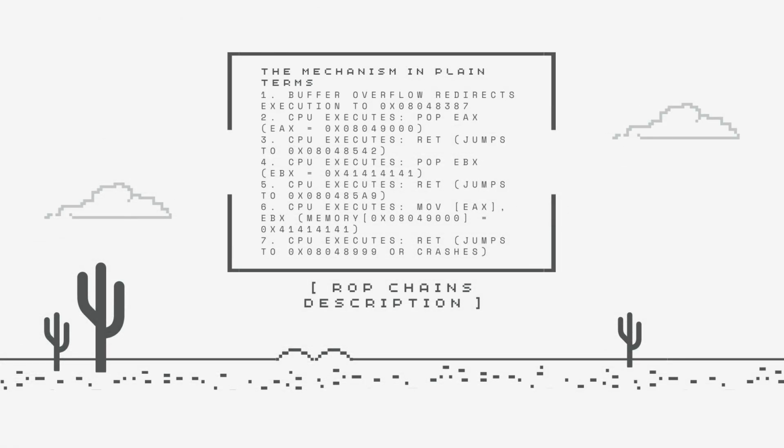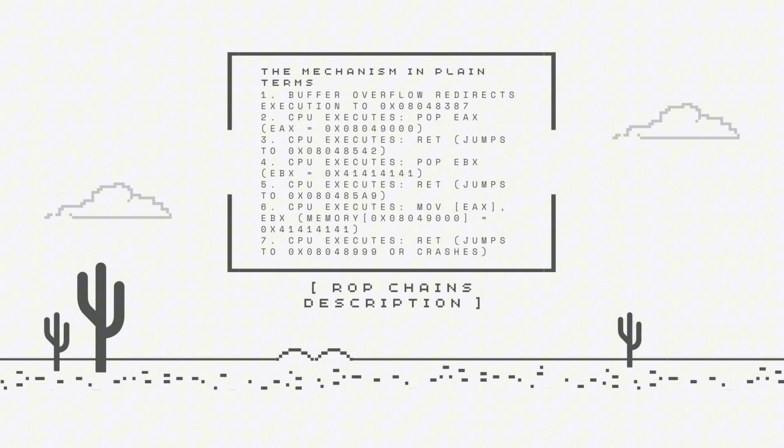Now let's trace the execution step by step. Step 1, buffer overflow redirects execution to 0x080483887. Step 2, CPU executes pop EAX. EAX now contains 0x080490000. Step 3, CPU executes RET, pops 0x080485542 from stack and jumps there. Step 4, CPU executes pop EBX. EBX now contains 0x41414141.